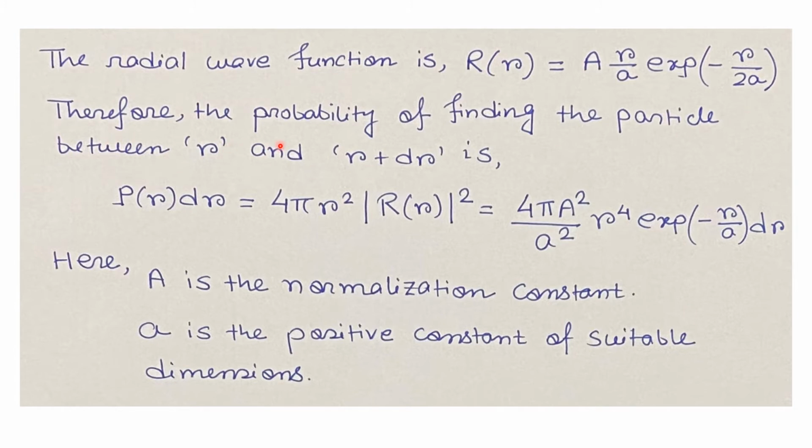Therefore, the probability of finding the particle between r and r + dr is given by P(r) dr = 4π r² |R(r)|² dr, which equals 4π A²/a² r⁴ exp(-r/a) dr. Here A is the normalization constant and a is the positive constant of suitable dimensions.